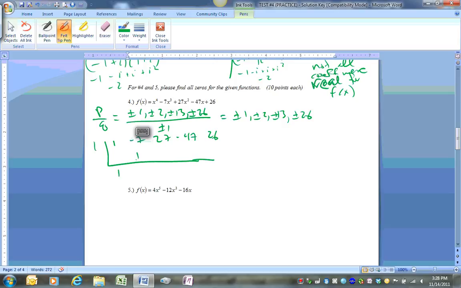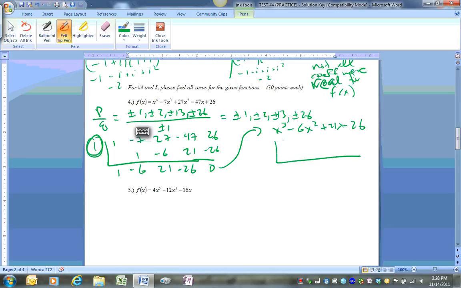1, 1, 1. Negative 6, negative 6, 21, 21, negative 26. Bingo. So 1 definitely works. Now this becomes x cubed minus 6x squared plus 21x minus 26. Let's try it again, and we'll have the same possibilities. Let's try 1 again, because 1 could work twice. No way.